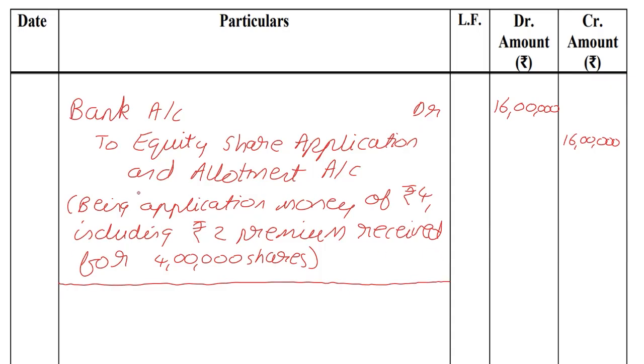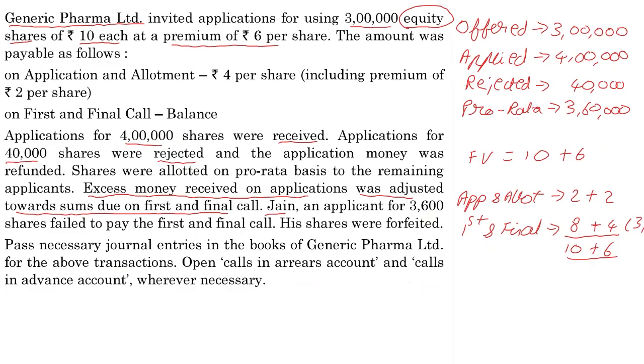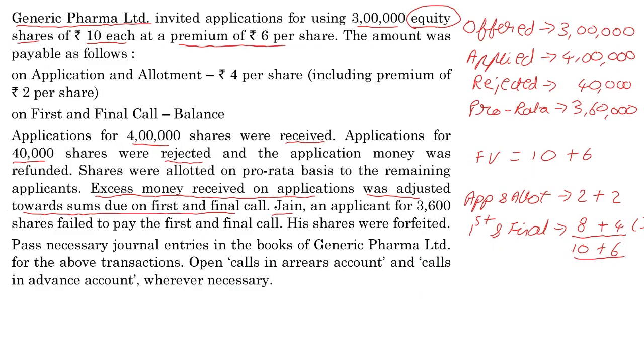I've received the money. My next step is to transfer it to the equity share capital account. Let me have a look at what they've told us here. We know that 40,000 shares were rejected and the rest was pro rata. When we say pro rata, we are adjusting.